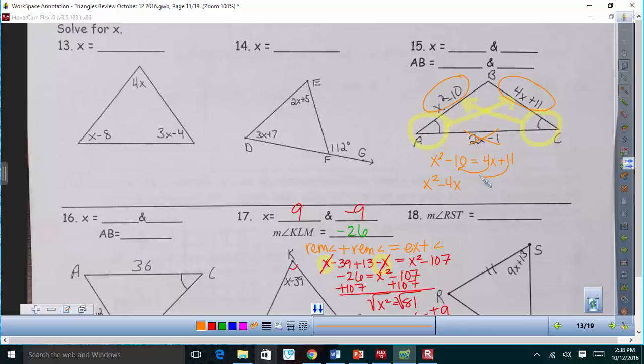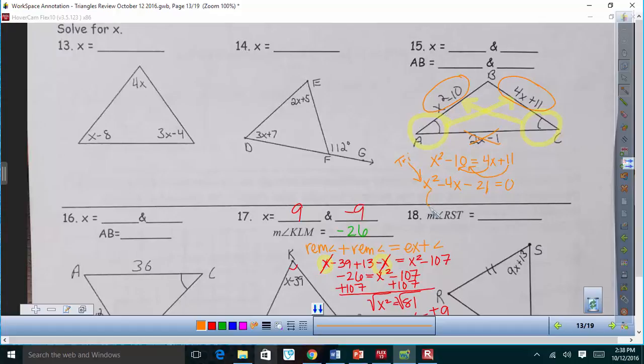Then I would move this 11 over. When I move that over, it becomes negative as well. So I have a negative 10, negative 11 gives me negative 21. There are 1, 2, 3 terms, so that means we're factoring by trinomial shortcut.